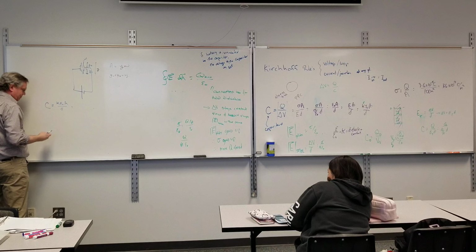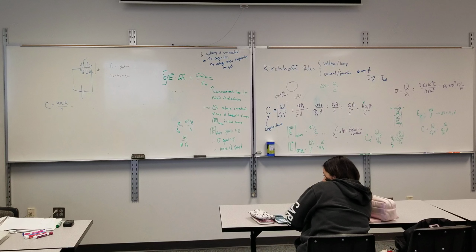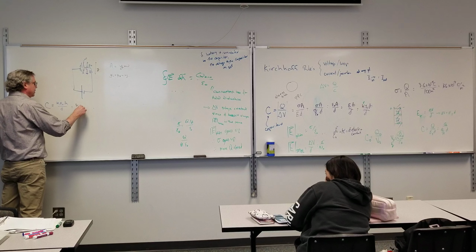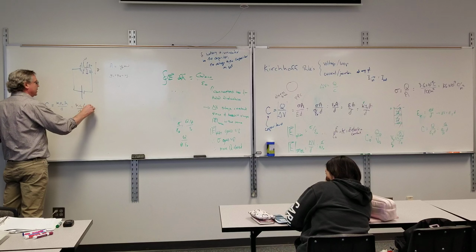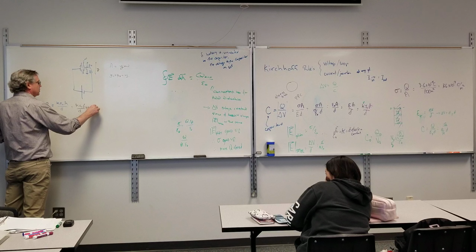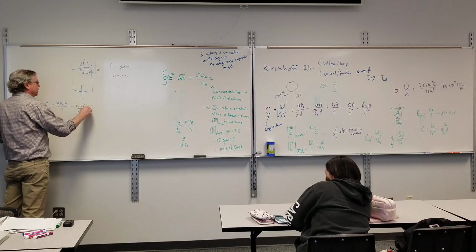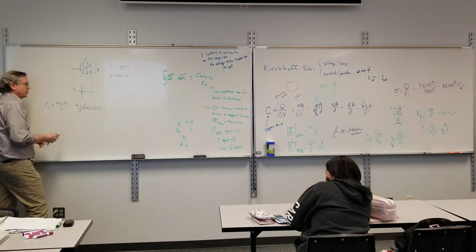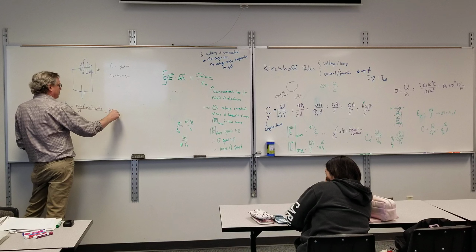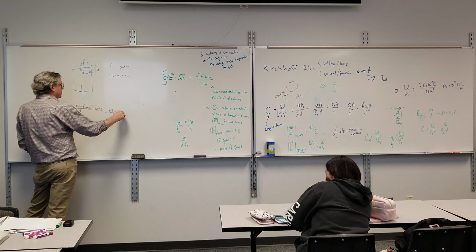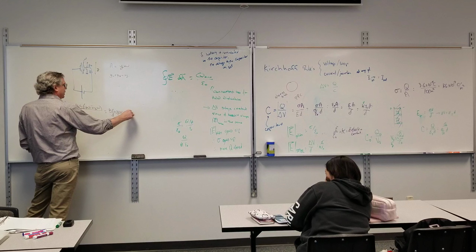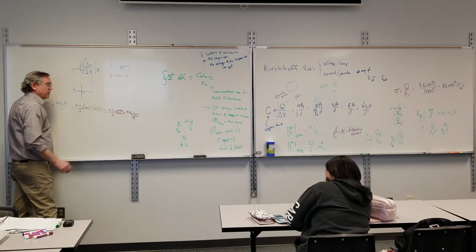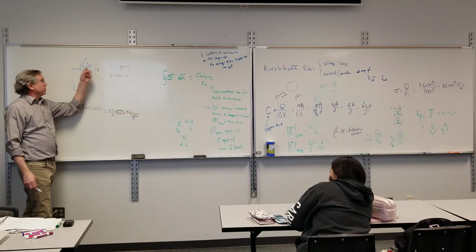So looking at this, I have kappa epsilon sub naught over D times Y1 plus Y2 times W. Let's do it this way, Y1W plus Y2W, which is kappa epsilon sub naught over D Y1W plus kappa epsilon sub naught Y2W over D. That's just the area of that plate, and that is just the area of that plate.